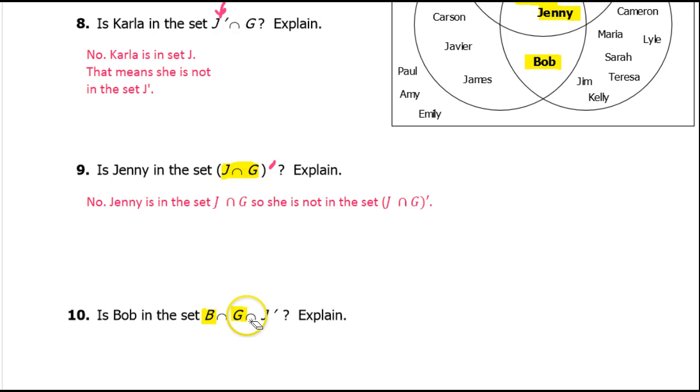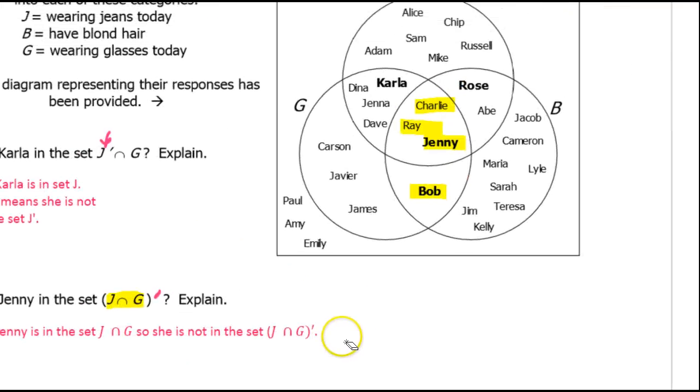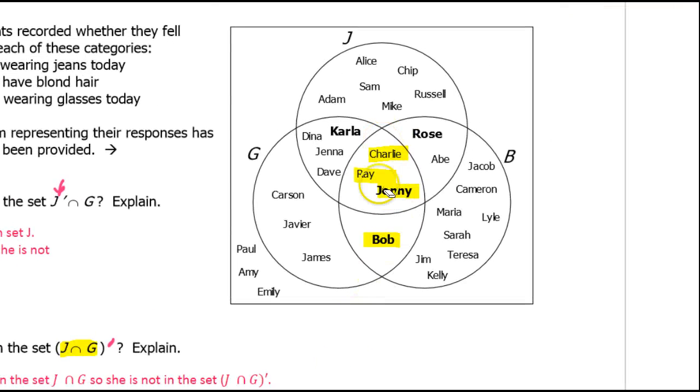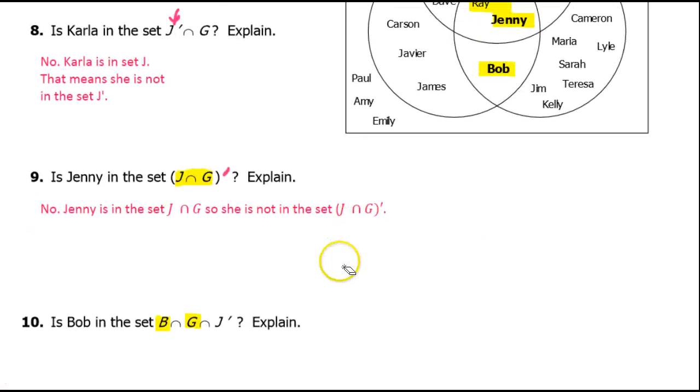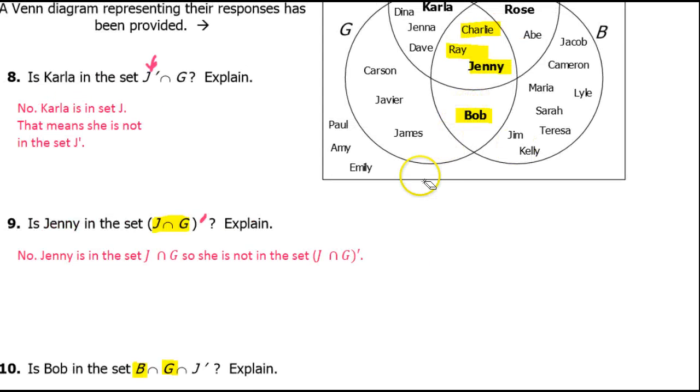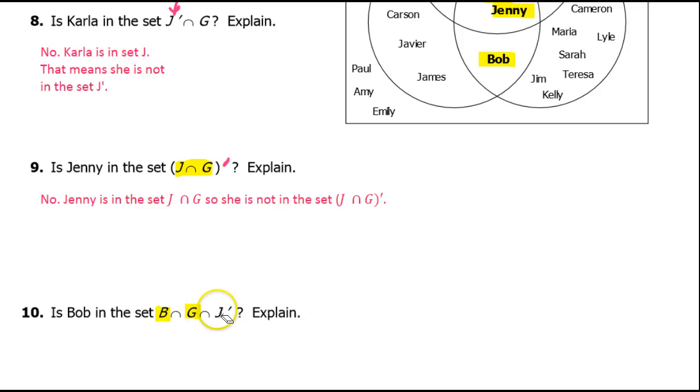Now I need to do and not J. Okay, so look at these four names. Which of these names are not in J? Well, that's Bob. Bob is not in J. Okay? Now, that's a good thing in terms of this target. Not J is what I want.